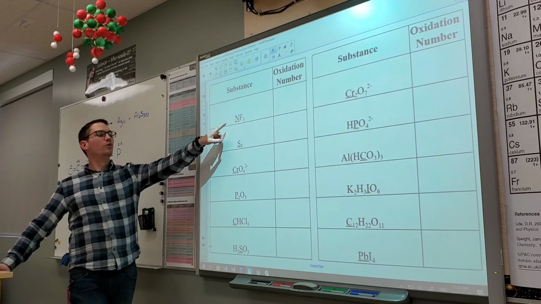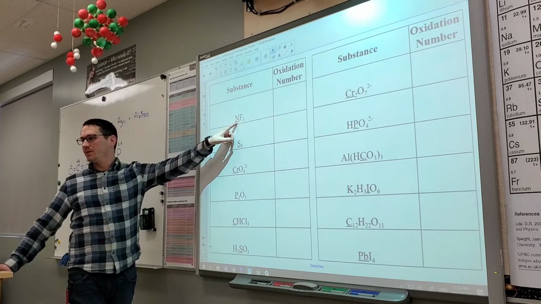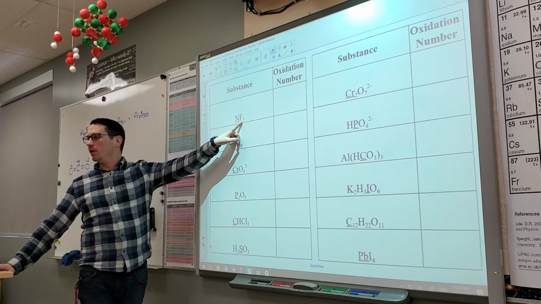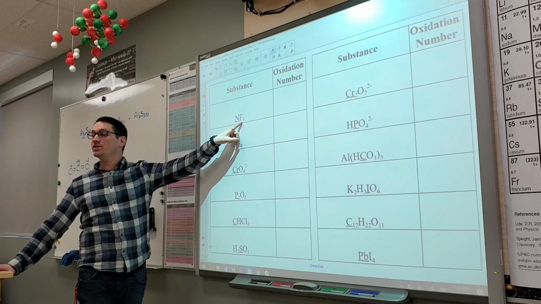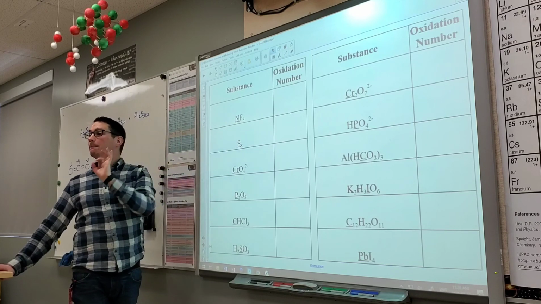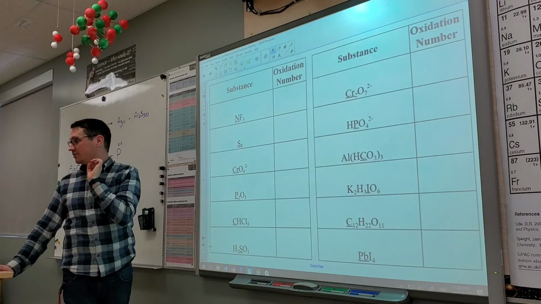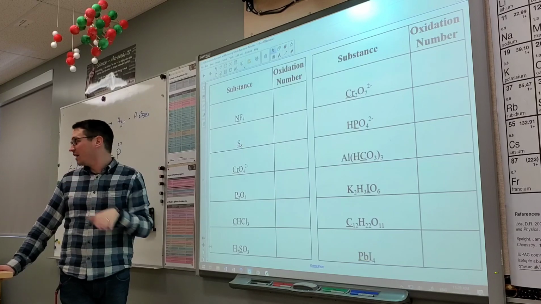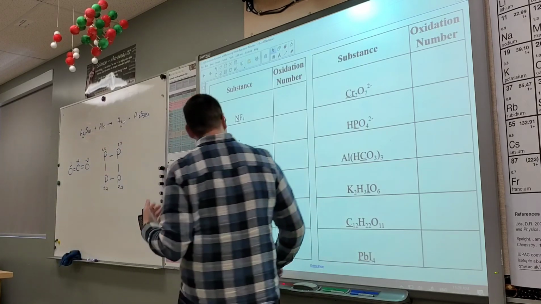Do we have a rule about nitrogen? No. Do we have a rule about fluorine? Kind of. What's unique about fluorine? It's the most electronegative, right? The most electronegative thing.